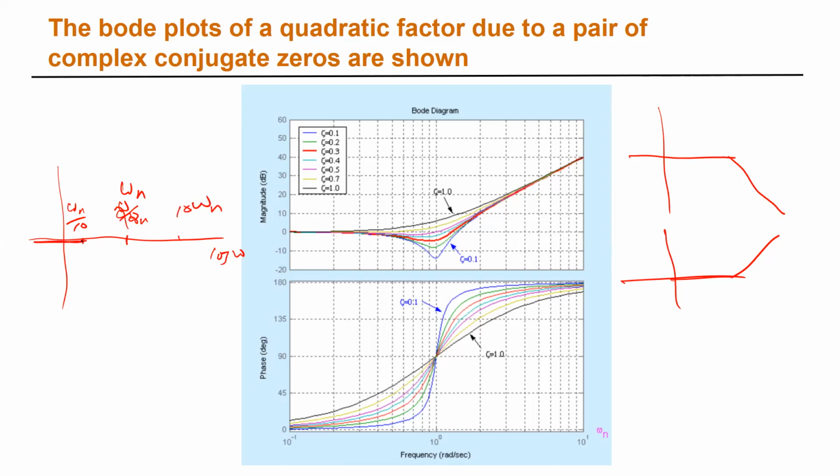In this case, what will the angle be if I have a pair of complex conjugates? Ultimately, if you have a pair of complex conjugate poles and omega goes to infinity, what do you get? 180. So it is minus 180, and you connect. Because each pole will contribute 90, so with two poles it is going to be 180. Okay?